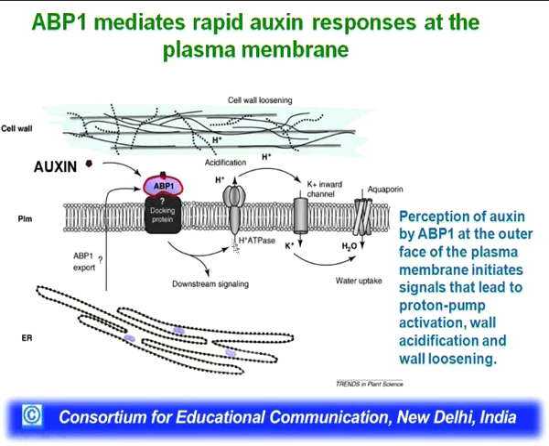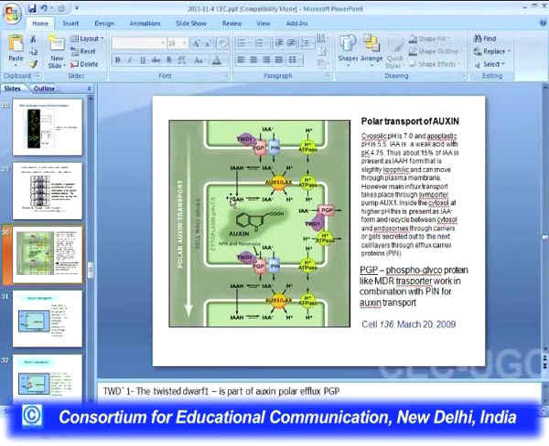So, more hydrogen ion is pumped towards the outside. Whenever the proton is pumped more outside, it acidifies, and that can activate a set of proteins like expansion proteins, which eventually work on the cell wall. So, eventually the cell wall loosens, the cell elongates, and that is how the elongation of the cell takes place.